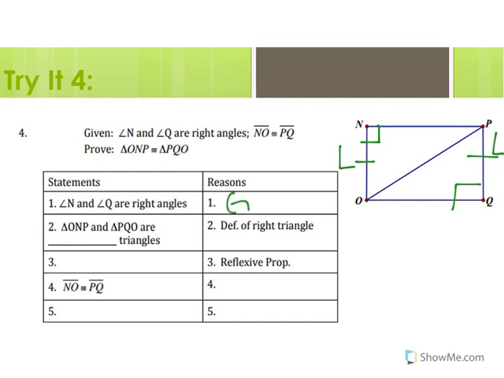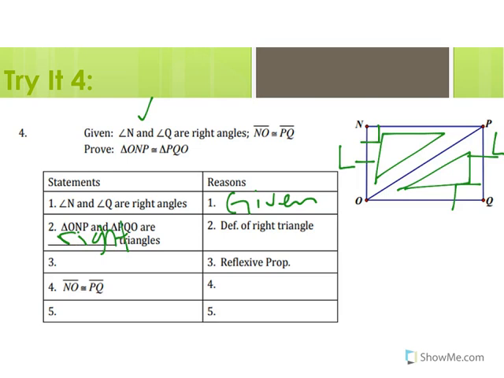Number one is the given, and number two, we're saying that triangle ONP and triangle PQO are right triangles, because we're given that angle N and angle Q are right angles. So here this is a right angle and this is also a right angle.